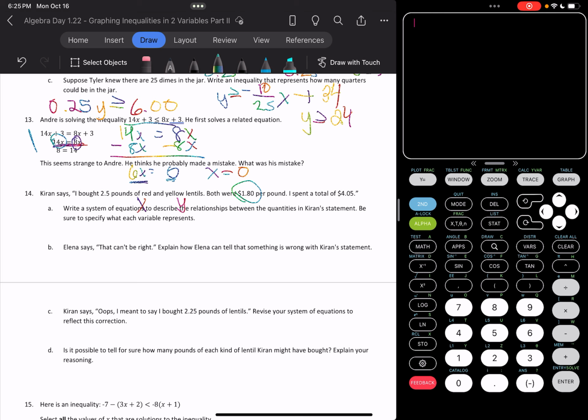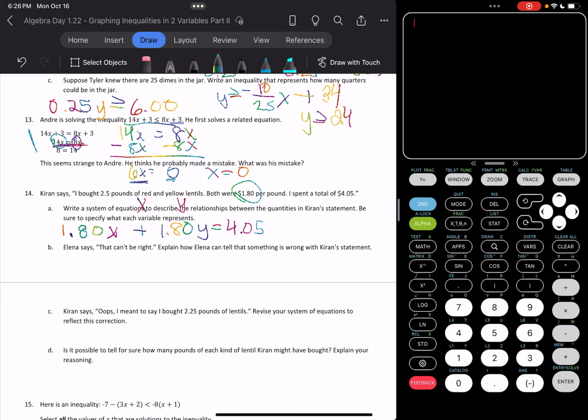So you could list this as $1.80 per pound. And it's the same price for X and for Y. So we have 1.80 times the pounds of red lentils, and then 1.80 times the pounds of yellow lentils has to equal $4.05. So it's one of our equations.